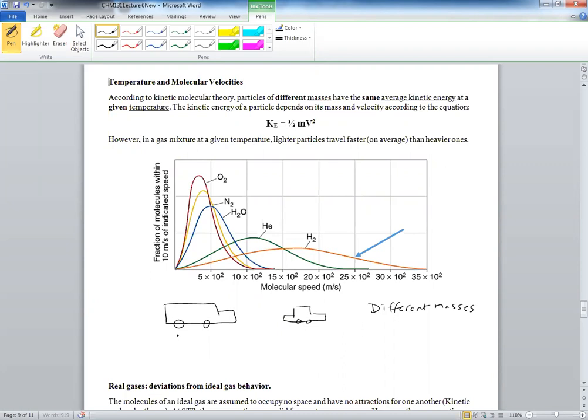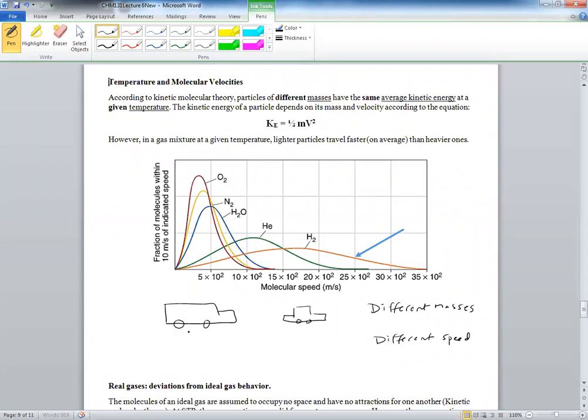But in order for, let's say, the car to have the same amount of energy as the school bus or the semi-truck, if it can't make it up with mass, what should it make it up with? It should make it up with the speed. So they have different speeds or velocities.